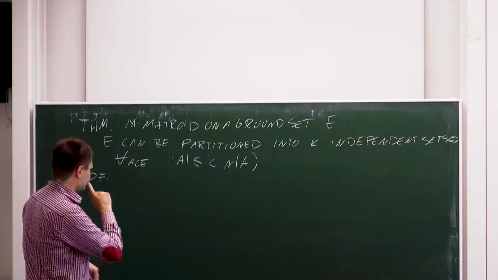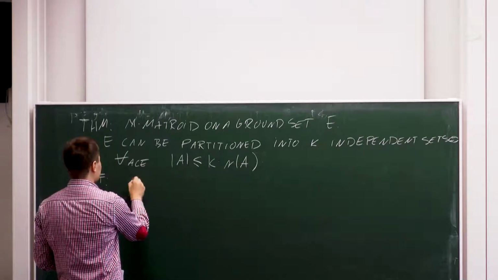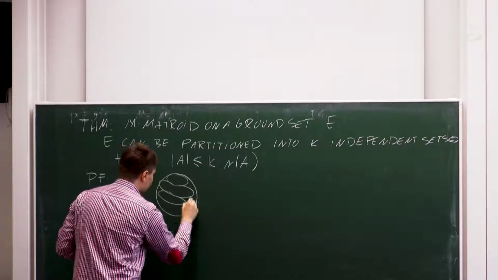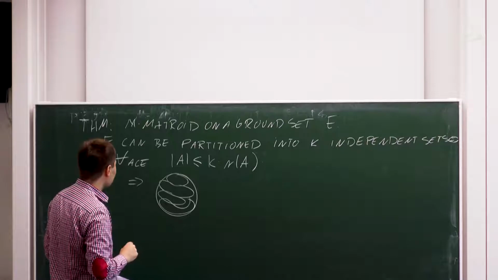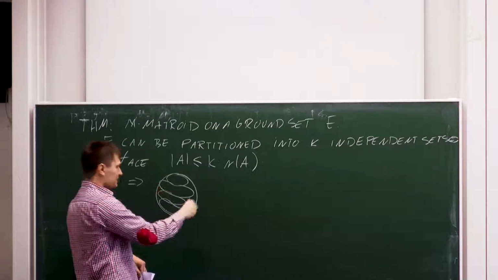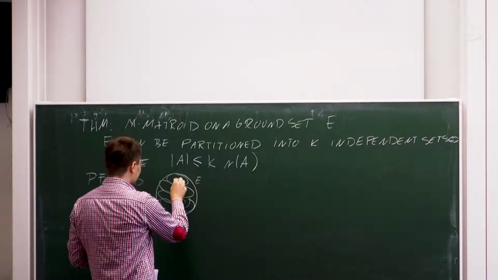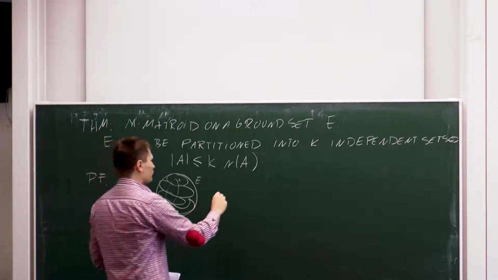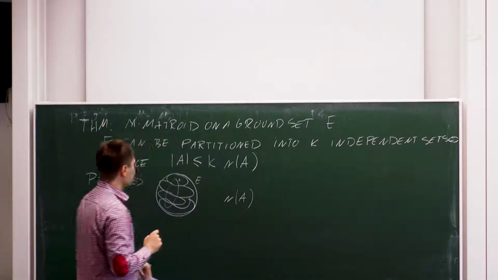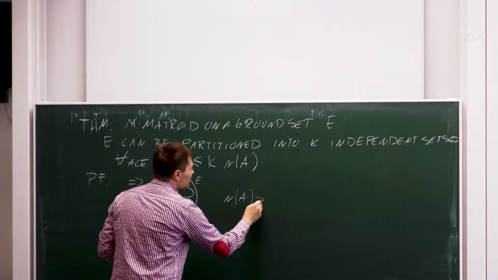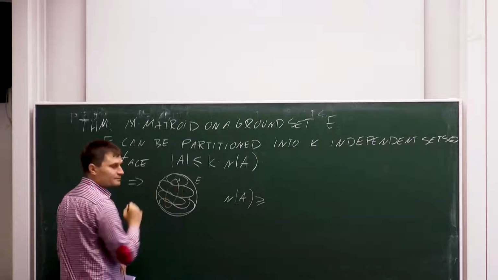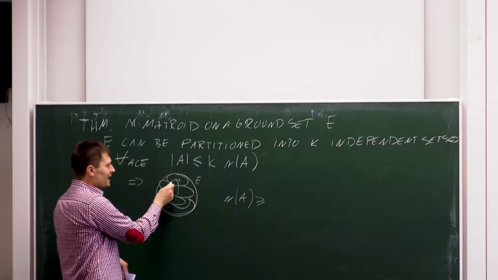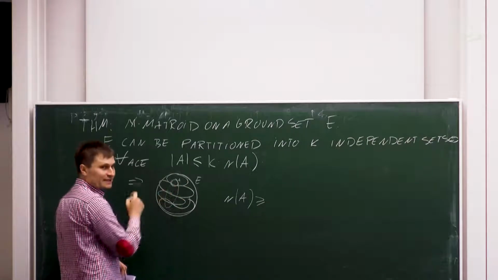Okay, so let's prove it. First we prove this direction. So let's say our E is a union of k independent sets. These are the independent sets in E. Now we take a set A. What's the rank of A? It's clearly bigger than the cardinality of this set, because the rank is the cardinality of the largest independent set in A, and a subset of an independent set is independent.